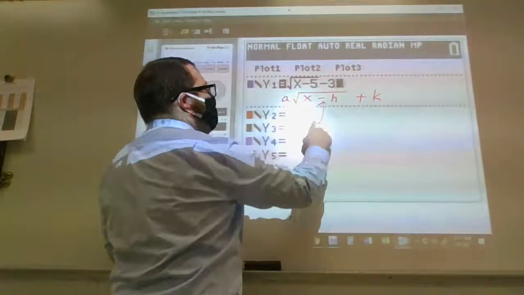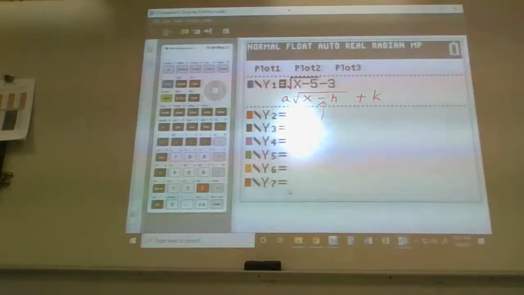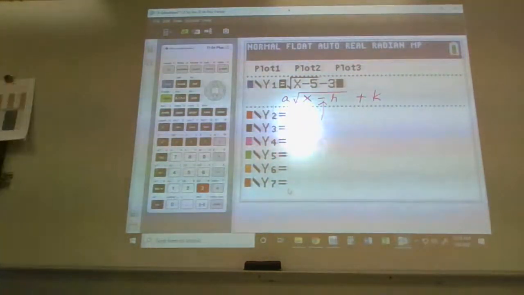The reason has to do with the standard form of this function, where you have that minus H on the inside. That H value is just 5, meaning that it will shift 5 units horizontally. Since it's a positive number, it will be to the right.